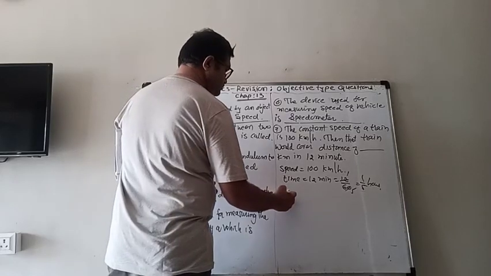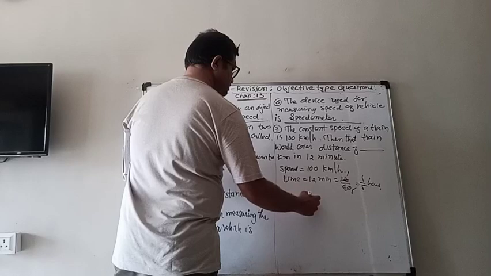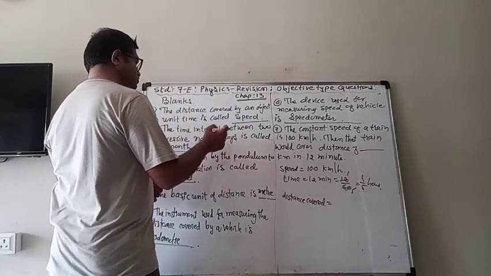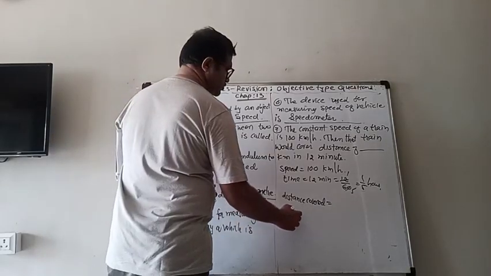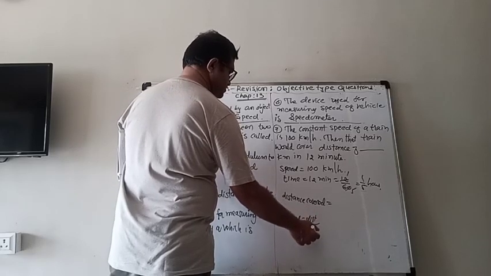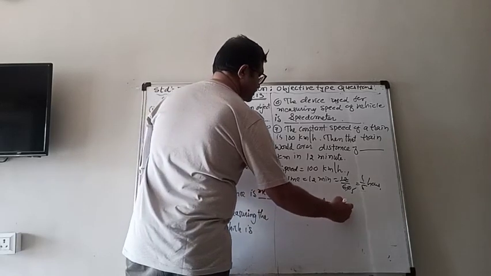So now distance covered. We know that speed is equal to distance divided by time. So distance is speed multiplied by time.